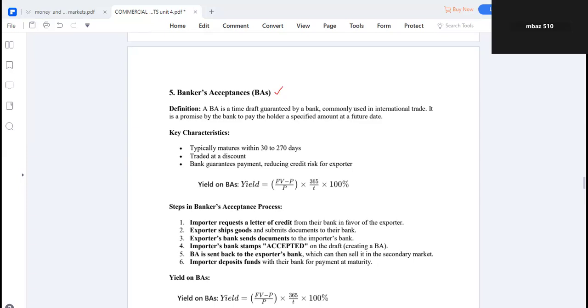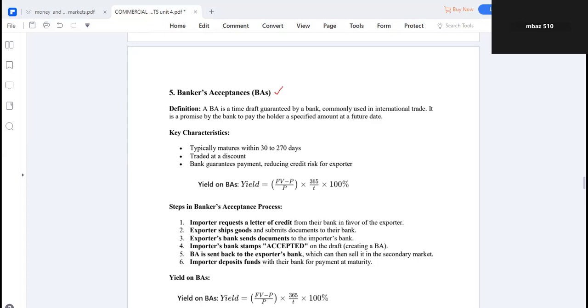It makes it more trustworthy when the banks come in. It's tradable usually in the secondary market. So the issuer in this case is a business, the exporter or importer. The guarantor is a commercial bank who accepts the payment. The maturity is typically 30 to 180 days for these ones.